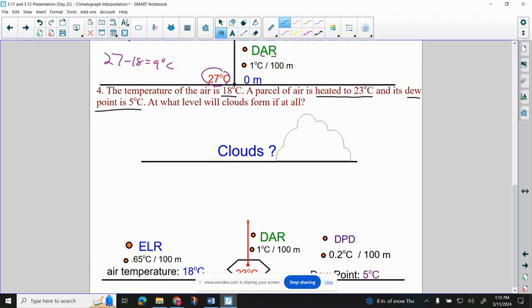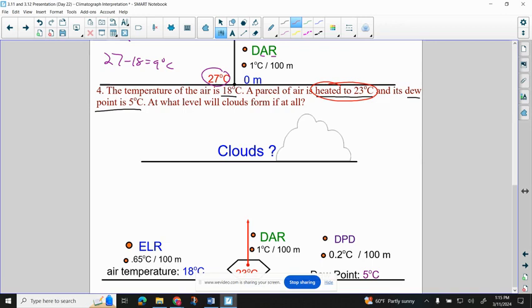What you need to understand is the parcel of air is the one that really matters because that's going to determine how high the air will rise. And when it rises, it's expanding, cooling off, and getting more humid until it reaches its dew point. So we're really going to compare the parcel of air to both the surrounding air and to its dew point.